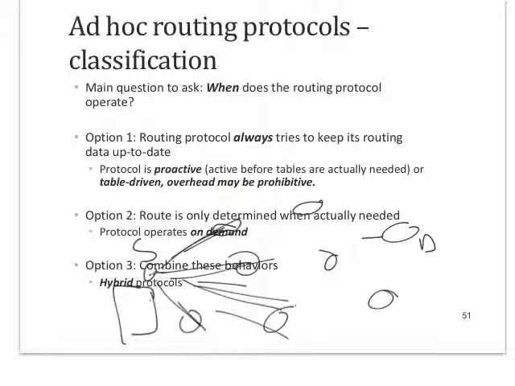What is another source of dynamics here? Mobility. Mobility is another problem, especially in mesh networks or ad hoc networks. If the nodes move, the whole topology of the network changes, which increases the dynamics.